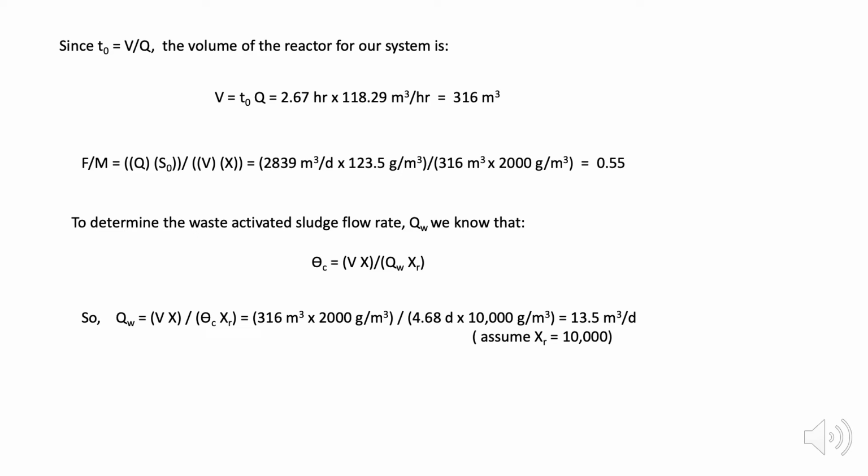But that's based on a specification for what the recycle or the return activated sludge concentration is, X sub R. In this case, we just assumed it to be 10,000. What that means is we have a choice of what that number is going to be, but we'll have to design the clarifier to give us the value that we've chosen.